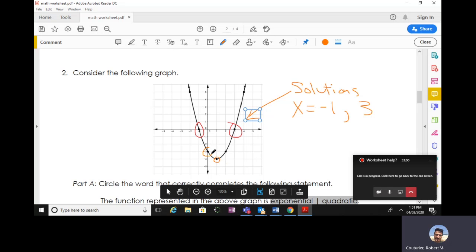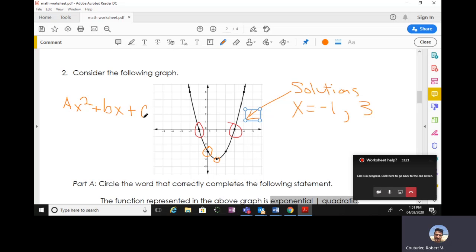Look right here, here's your y-intercept, the point where this line crosses the y-axis. That's also c. We have to remember that a quadratic equation is always in this form: ax² + bx + c. Remember we said that a determines how wide or how skinny that U is going to be.